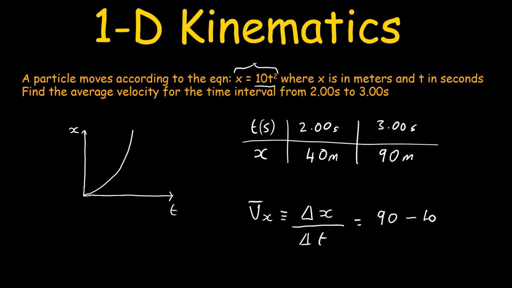So we minus by 40. And our time difference between these two distances is 1 second. This is equal to 50 divided by 1. Or in other words, our average velocity is 50 meters per second in the positive x direction.